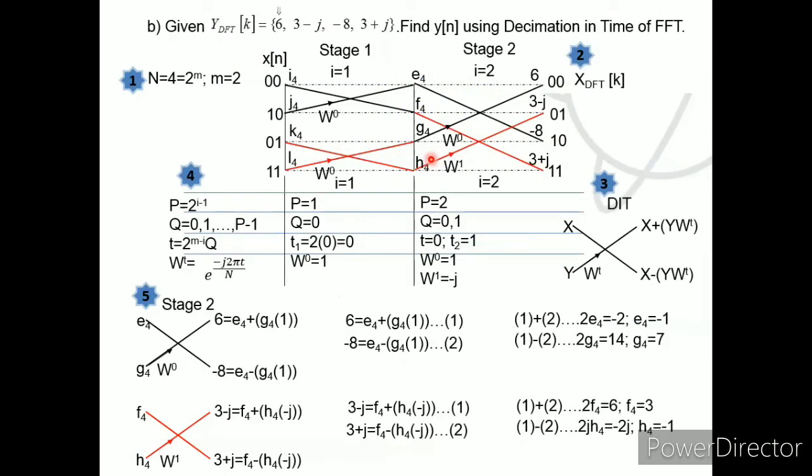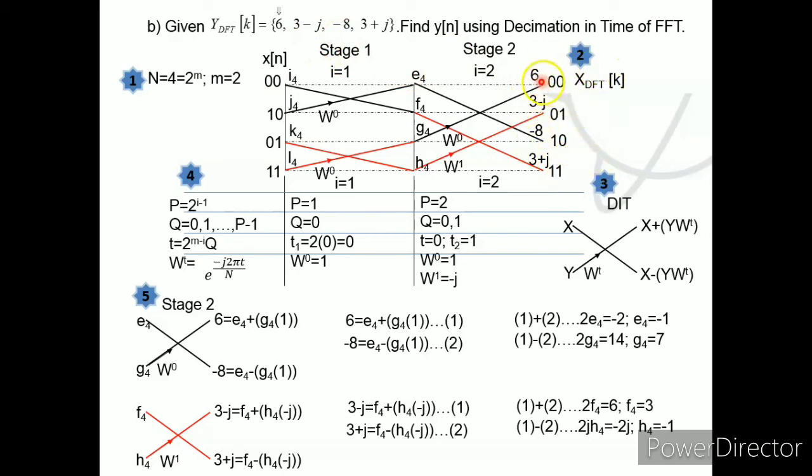So this is another example. For this example, it is a bit different compared to the one that I have shown to you. The difference here is that we are given the DFT signal. Previously, we were given the discrete signal. In this question, we are given the DFT signal, so we need to arrange the DFT at the right side.